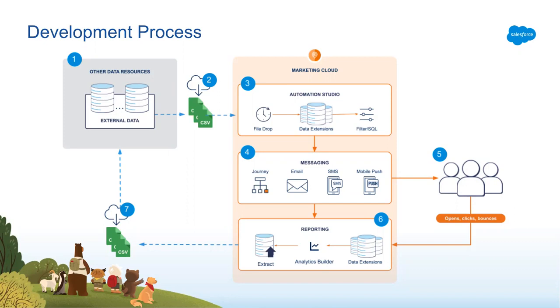So it's gonna have columns or fields and attributes and records. So it's just a very typical interface of a table. And then in the automation, you can further filter your contacts or your target audience and inject them into a journey.